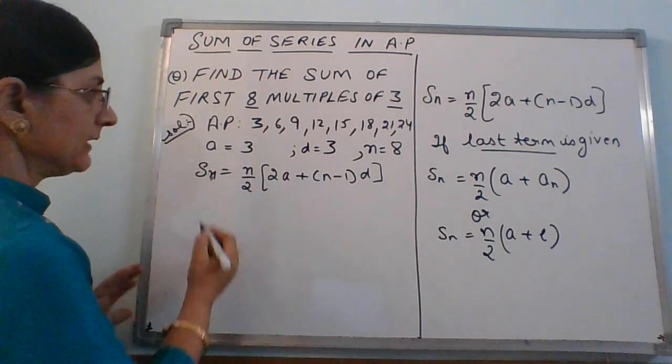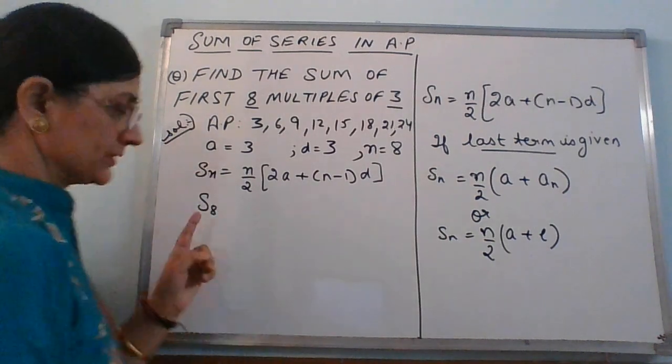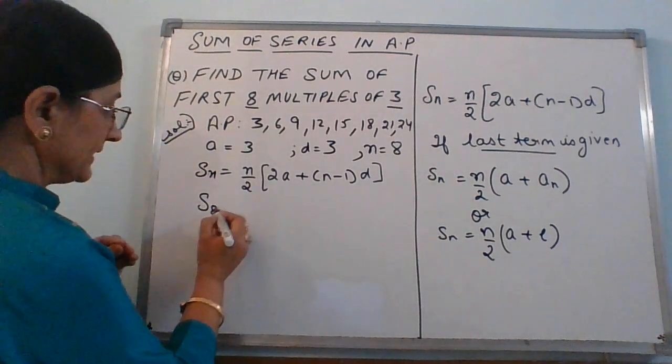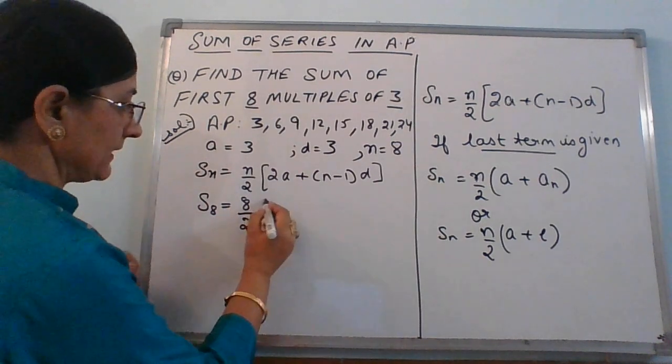This is a general formula, but here n is 8, so you write S8. Just substitute 8 where it is n.